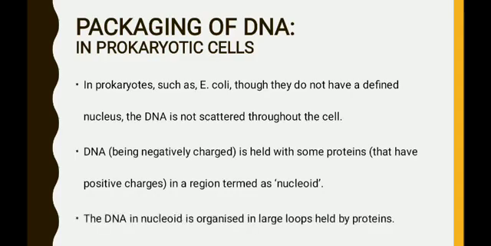The DNA in a nucleoid is organized in large loops held by proteins. It looks like large loops held by the proteins. So this is regarding the packaging of DNA in prokaryotes.